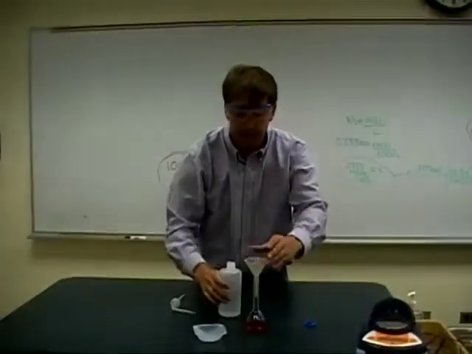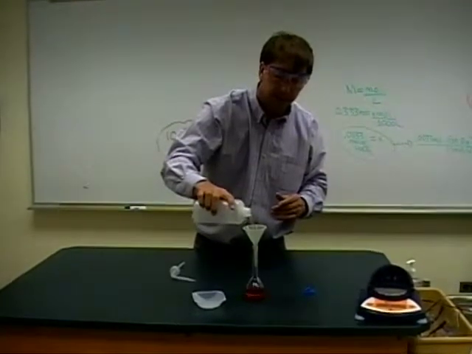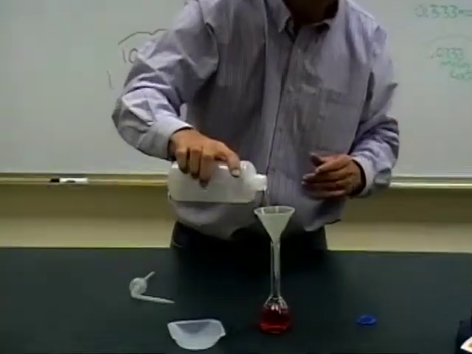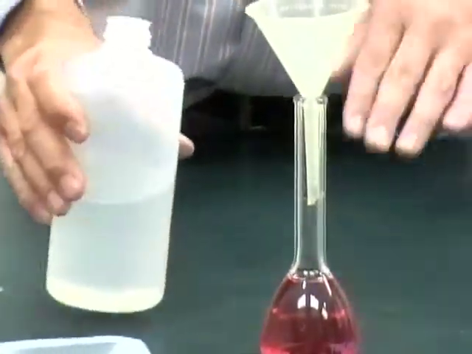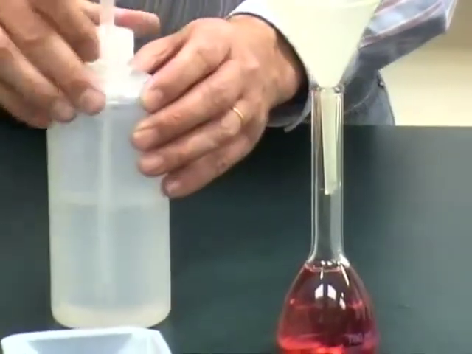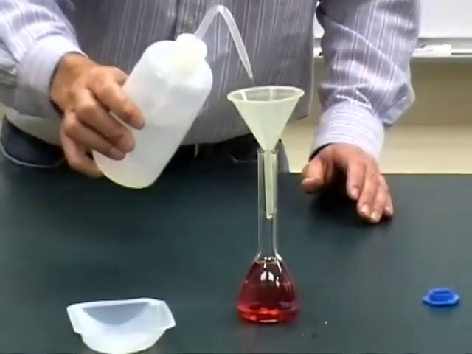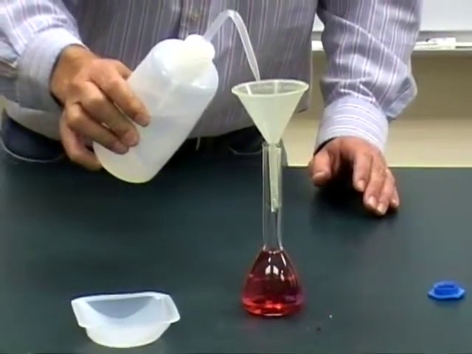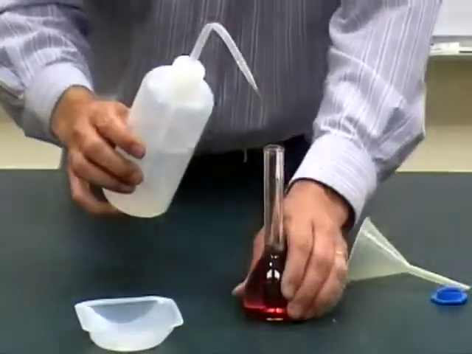And then we're going to continue to add a little more water until we're almost to the top of the 100 milliliters. Notice again, we're not measuring exactly 100 milliliters. The chemical and the water together will make 100 milliliters. When we get close to the top, we're going to use the spray bottle to measure out when we're exactly at 100 milliliters.